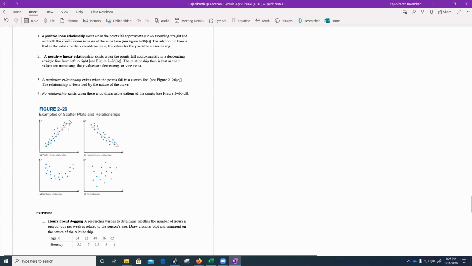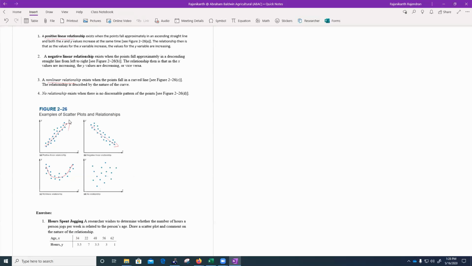Now look at the third picture. All the points are very close to some kind of curve, but not a straight line, right? But still there is some relationship between the points. So this kind of relationship exists, but it is non-linear. But if you look at the last picture, all the points are scattered, so it is very hard for us to find any kind of relationship.